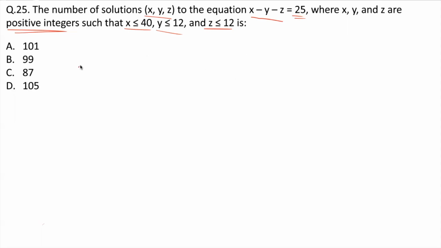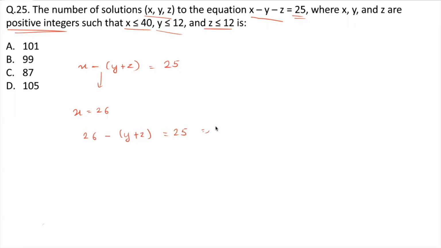So the condition is x minus y plus z is equal to 25. All right, guys. Now the first case we will consider is when x is 26. Now if x is 26, we can write the equation as 26 minus y plus z is 25. But then we have a problem here.